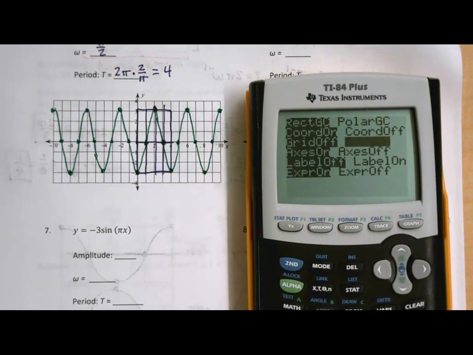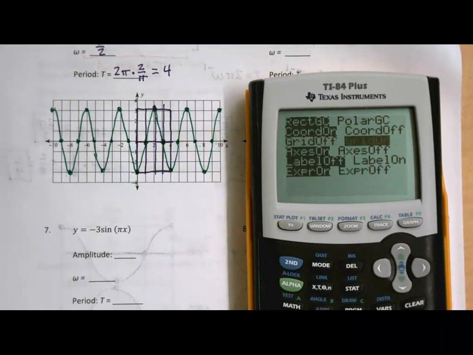On the newer calculators, there's more options. There's a grid dot and a grid line. This is in the format menu, second zoom. If you've got the newer calculator, try the different options, see which one you like.